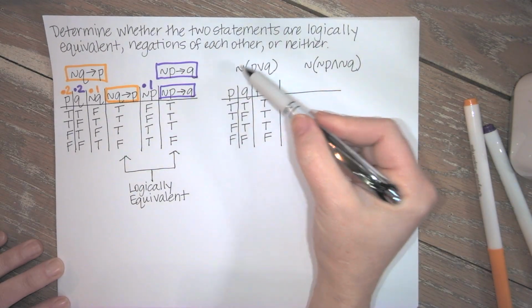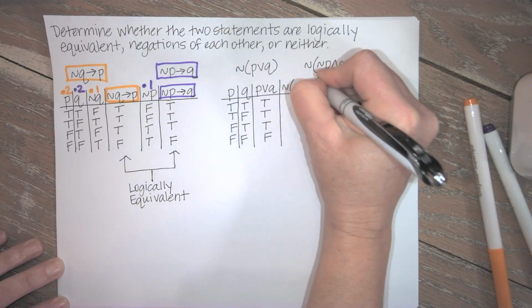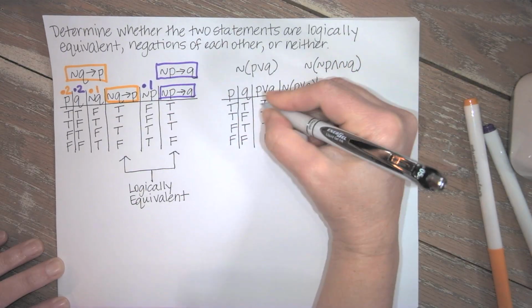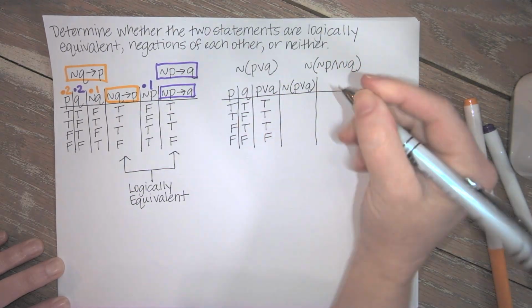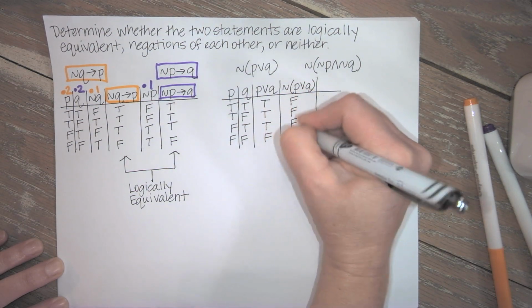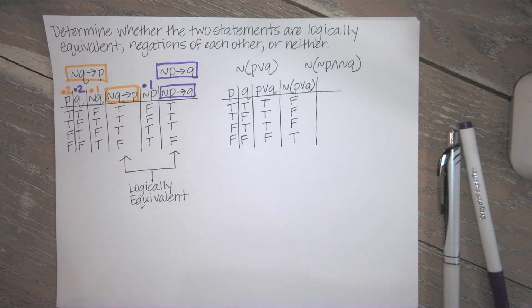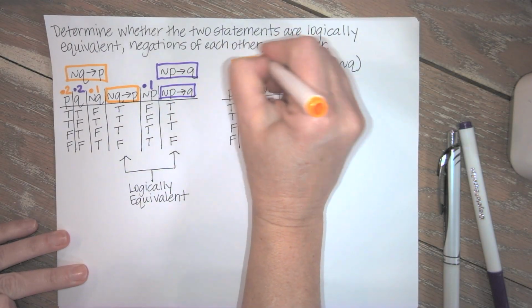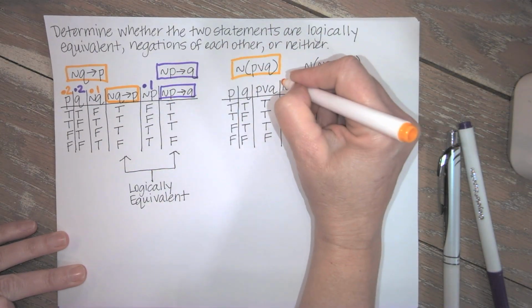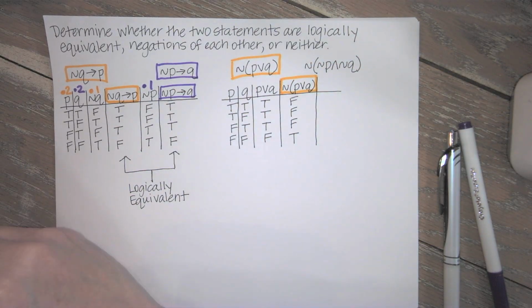And then we want to negate that statement. So we just take the column we just did and negate it. That's going to be false, false, false, true. I'll let that be my orange. That's one of my answer columns.